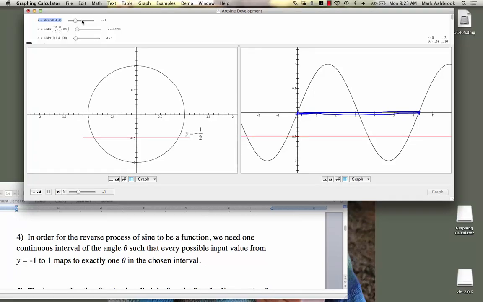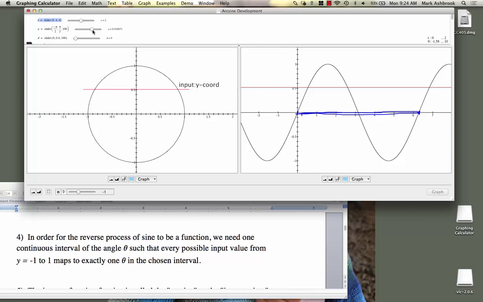So let's look at this here. We know the input is the y coordinate. The output's the angle. So I'm looking at all the inputs from -1 to 1. And we're going to look at that range of angles from 0 to 2 pi. Do we get just one angle per input y coordinate in this range that he's chosen from 0 to 2 pi?